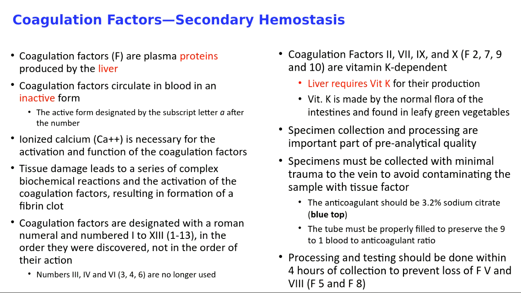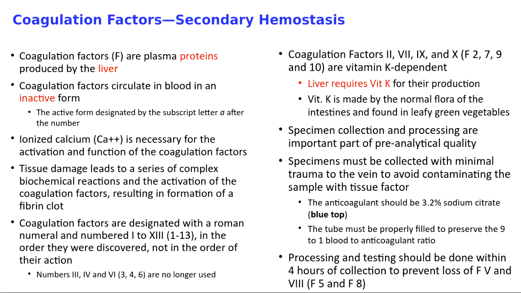We have about 1 to 13, and the coagulation factors have been assigned Roman numerals from 1 to 13, but through the years they have found out that not all of them are factors. So some of them have been deleted out of the coagulation cascade. But for now, we have from factor 1 to factor 13, with some exceptions in the middle.